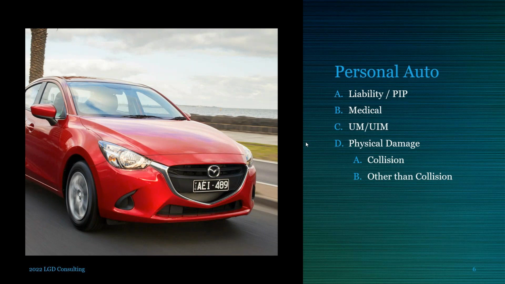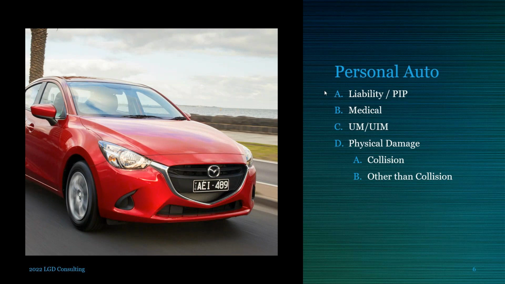Unendorsed means you just bought a personal auto policy. So don't think that there's some new coverage that you didn't study, because we only have the personal auto policy form. And it's pretty much the same in all states except for Texas and Maryland, because they have no fault. Those are no fault states. They're a little bit different. But coverage A is liability.